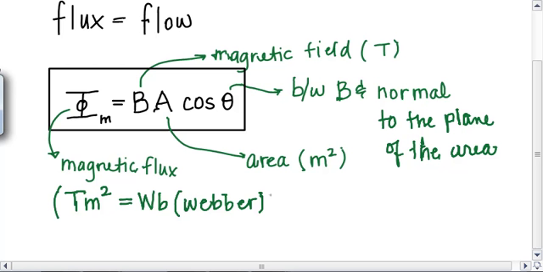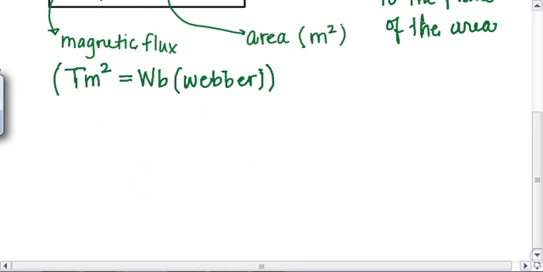And I would say that about 50% of the time you see Tesla meter squared, and about 50% of the time, which would be the resulting percent, right? You see Weber. So as we change the magnetic flux, and you can change the flux by changing lots of different things, but as we change that magnetic flux over time, we induce an EMF.